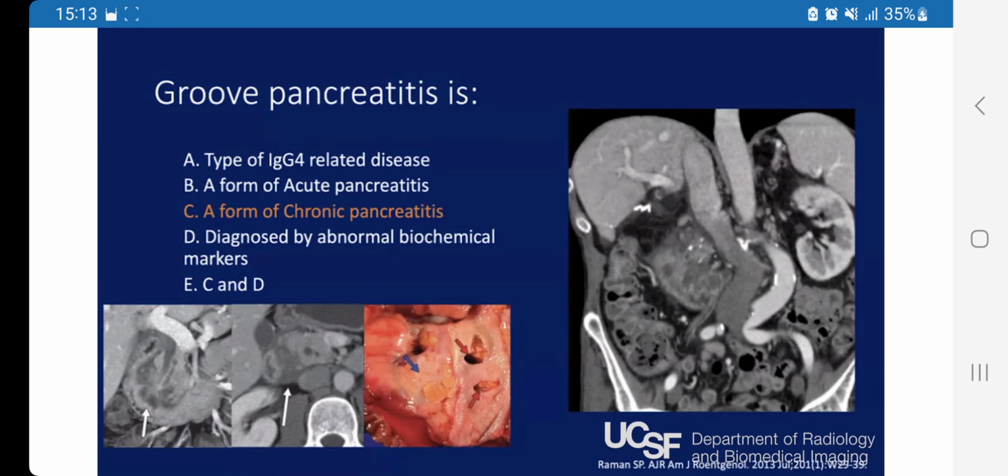We have to follow it up and make sure that it doesn't enlarge or get worse. And if you're not sure, we should definitely recommend EUS or FNA. And about choice D, in groove pancreatitis, usually the lipase is not elevated, and tumor markers are also not elevated.